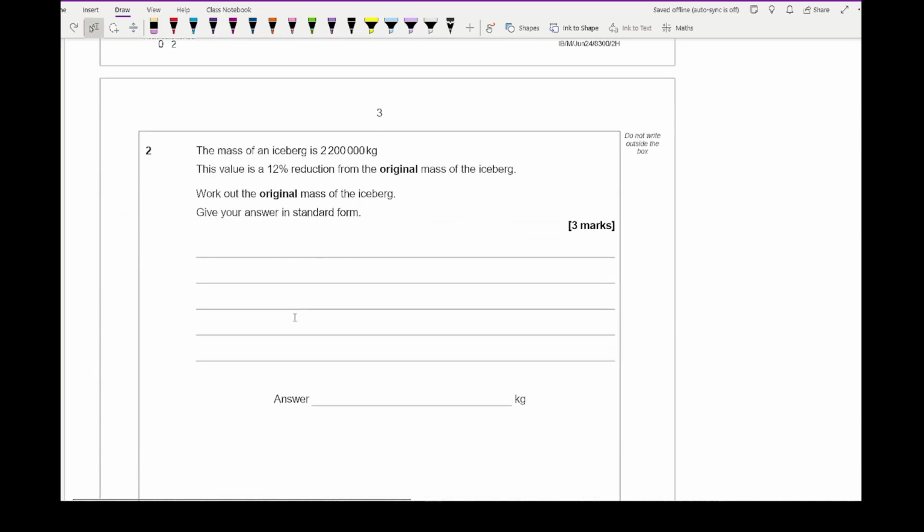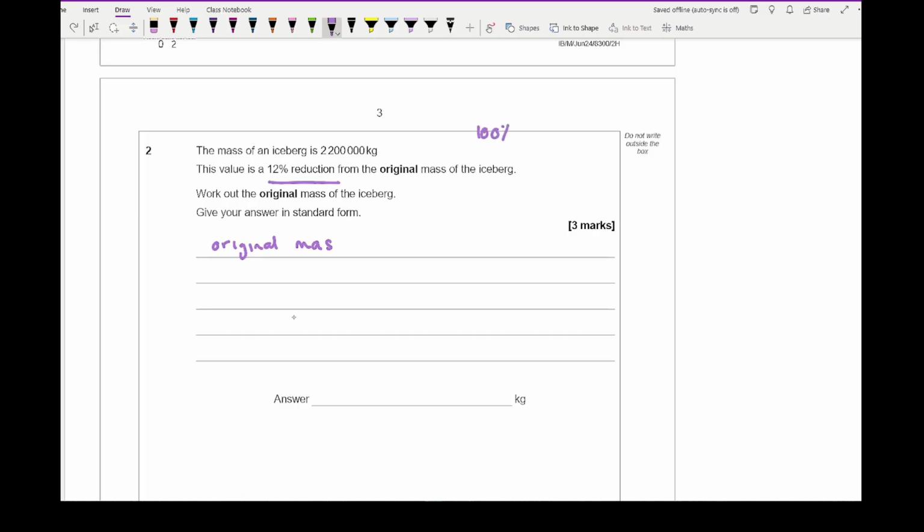Moving on to question 2, it says the mass of an iceberg is 2.2 million kilograms. The value is a 12% reduction from the original mass of the iceberg. Work out the original mass of the iceberg. Give your answer in standard form. So if we have the original mass, to get a 12% reduction, we need to look at the decimal multiplier.